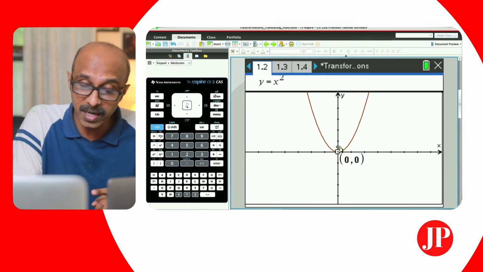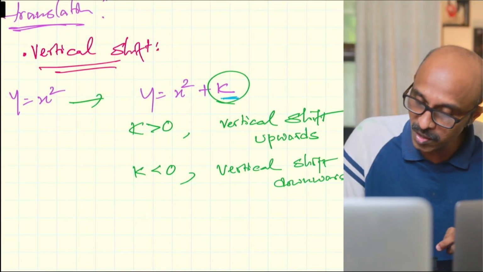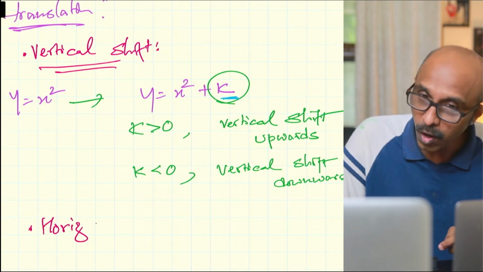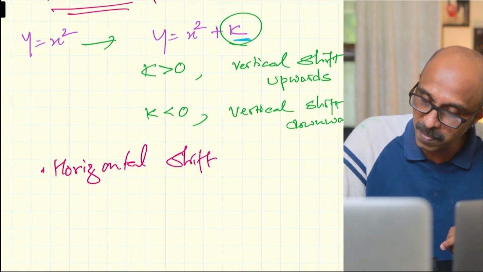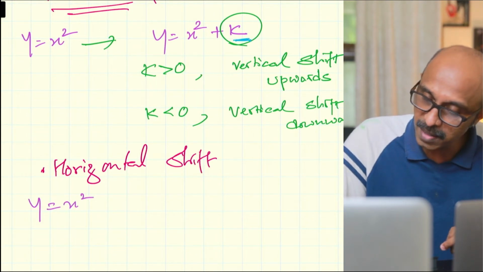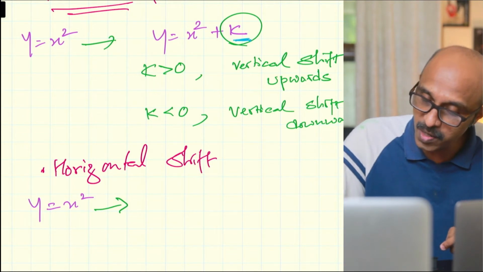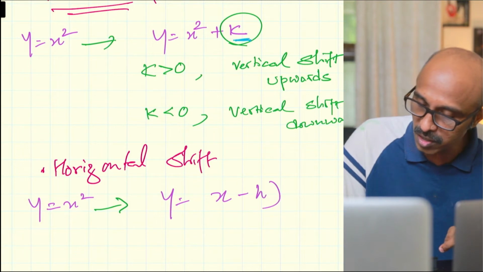So let's make a note of that quickly on our notes. We saw the vertical shift. Now when we talk about a horizontal shift, the parent function y equals x squared becomes y equals x minus h the whole square.